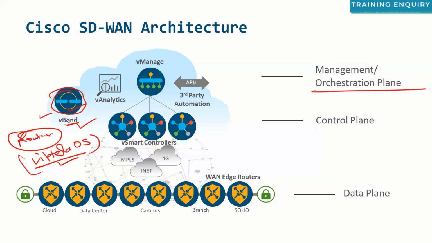So it's better to use a virtual managed router then. So vBond can be physical, but it's not really recommended. You can have a virtual managed router running with Viptela OS, and then you can use it as a vBond or validator.